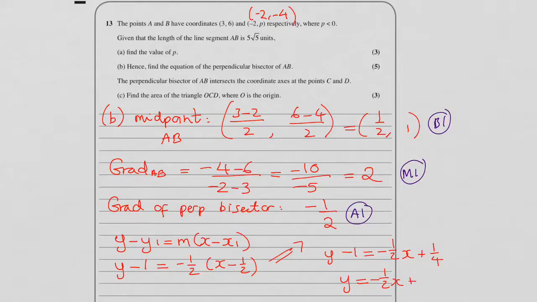And this is perfectly fine because it doesn't actually say in the question what form to have it in. Okay, it doesn't say at all, so this is absolutely fine. So I've got a method mark for this and an accuracy mark.